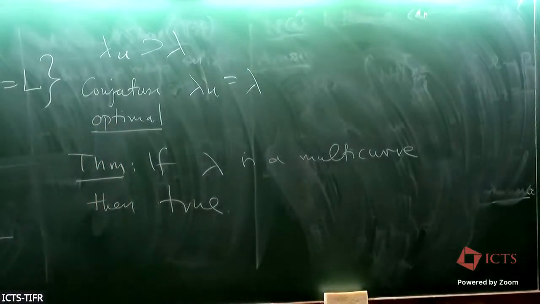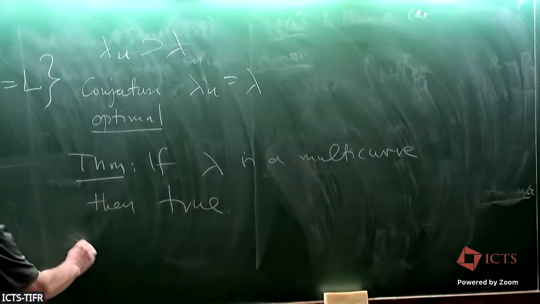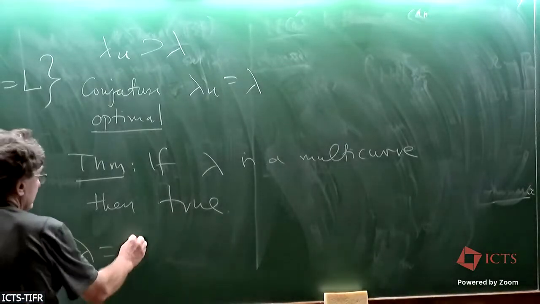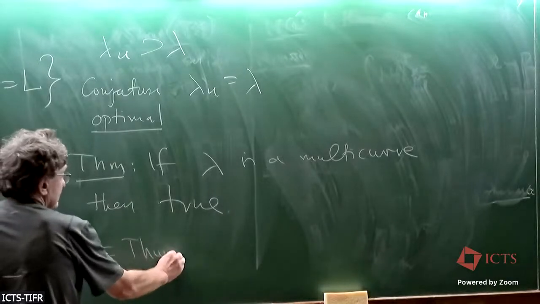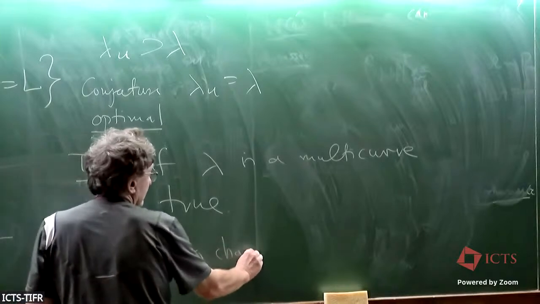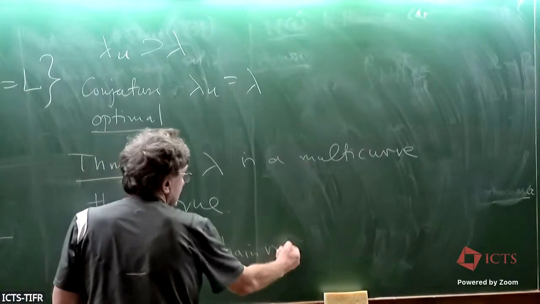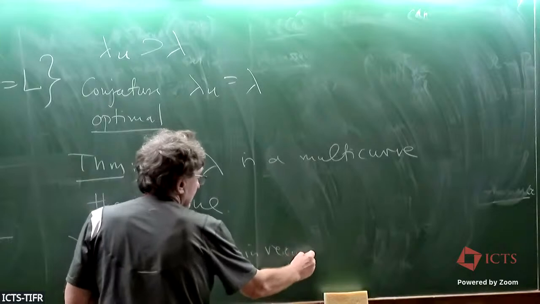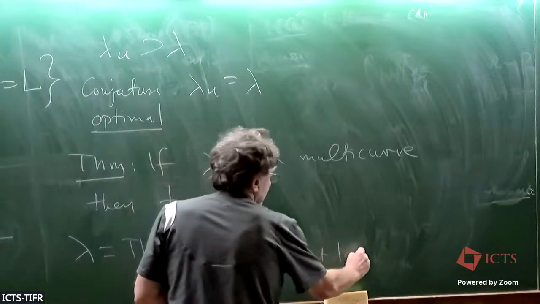So there are a couple of comments here. For those of you who've read Thurston, lambda is the same thing as Thurston's chain recurrent lamination.